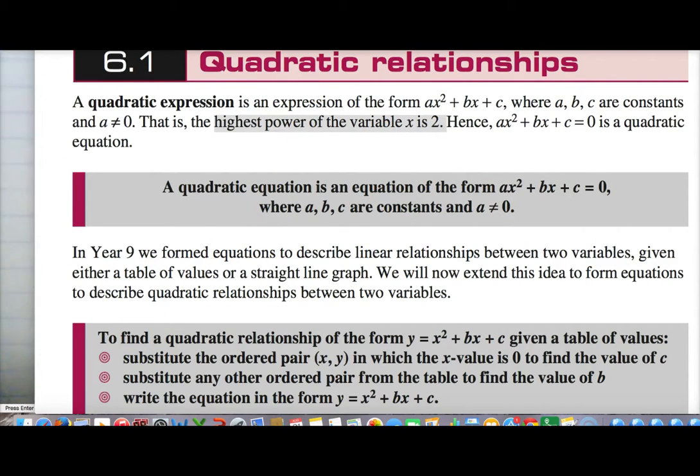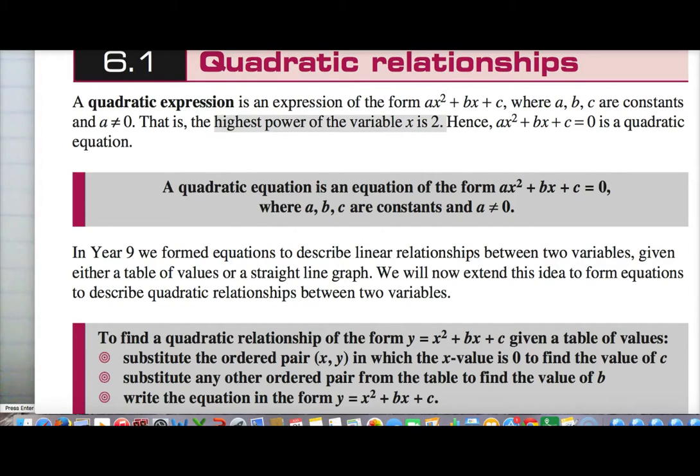Okay, there is a difference between an equation and an expression. An equation has a left-hand side and a right-hand side, and it's got something equals something else. Because this is ax squared plus bx plus c equals 0, it's an equation.